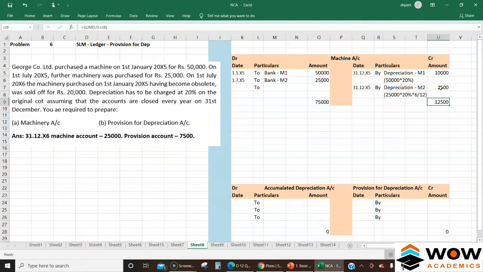So we got the first year, and now we have to get the first year balance. Let's get the balance.